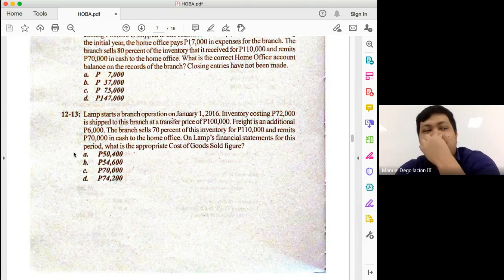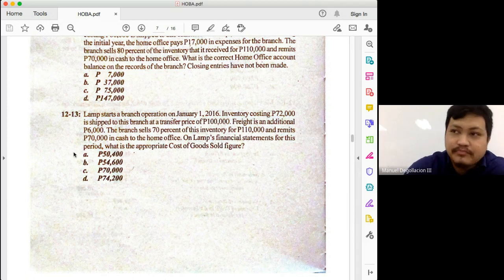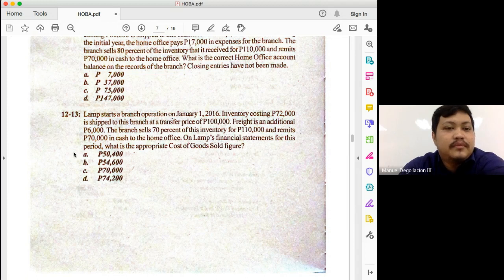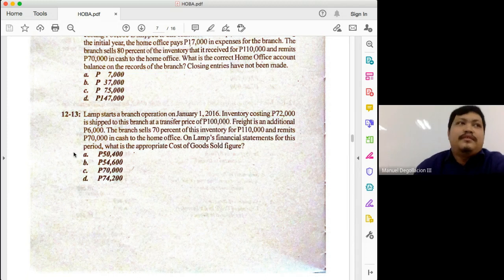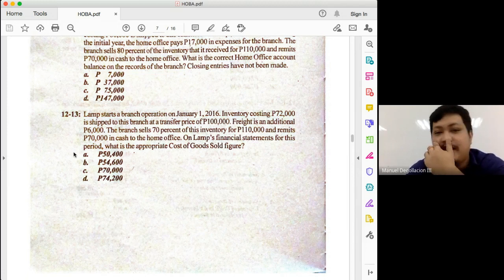A final question for problem 12-13. How much is the adjusted balance of the allowance for overvaluation account at the end of the year? How much is the adjusted balance of the allowance for overvaluation at the end of the year?